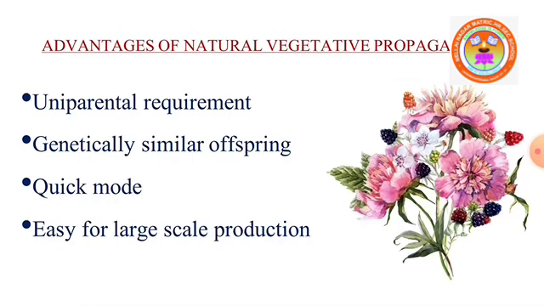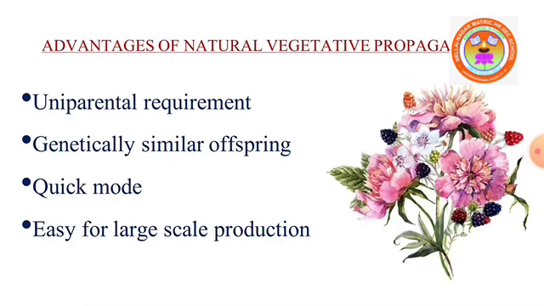Some plants are able to spread rapidly, example Spinifex. Mostly horticulturists and farmers utilize these organs such as stem, root, leaves, and buds of the plants as natural vegetative propagules for the cultivation and to harvest plants on a large scale.